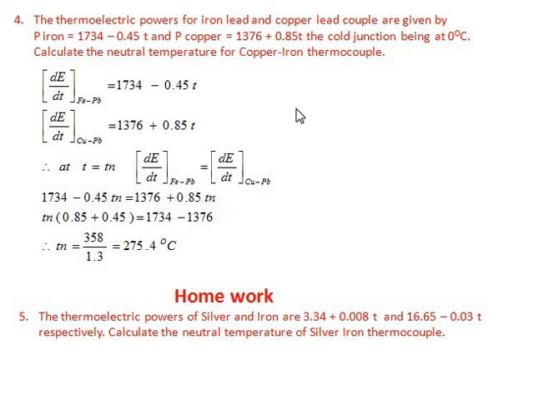If the two metals are similar there, that is lead and lead in both the thermocouples, then the thermoelectric power dE by dT at FePb is equal to 1734 minus 0.45 T, and the thermoelectric power of copper-lead is equal to 1376 plus 0.85 T. At T is equal to Tn, that is the neutral temperature, they told us to calculate the neutral temperature.